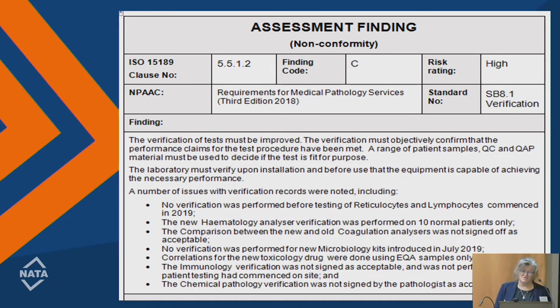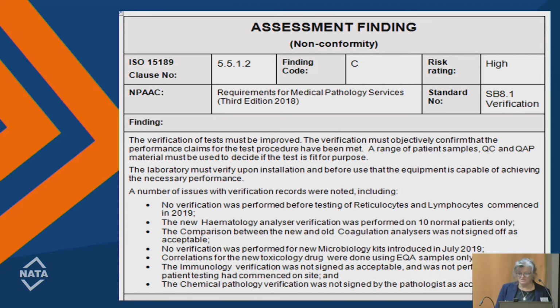Verification, so a whole lot of new tests had actually been introduced and nothing had either been done, or they weren't signed off, or there was no comparison between the old and the new. Verification was a bit of a nightmare. So they didn't do any verification on the reticulocytes. There was a new haematology analyzer added. There was no verification of the new micro kits.